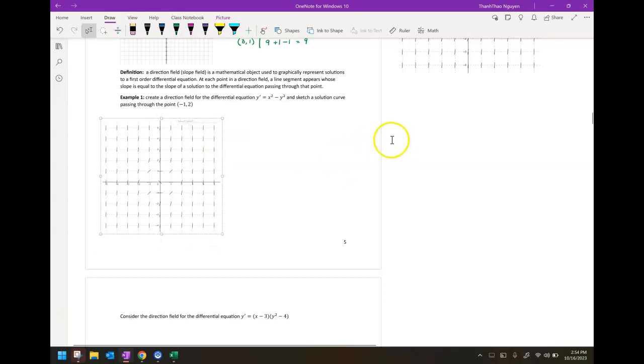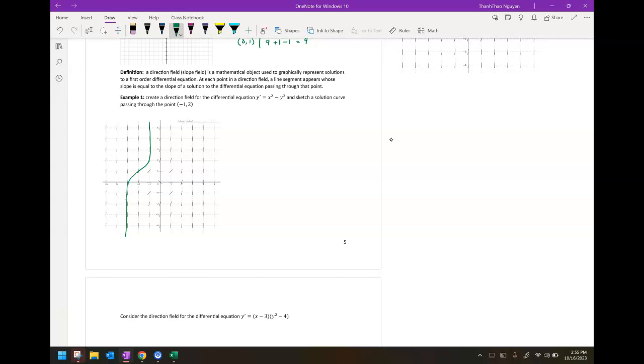So now we have the directional view of this curve, and let's take a look at what happened. What would be the ideal curve that passes through the point negative 1, 2? Negative 1, 2 is over here. It looks like the slope is increasing here. So that is your solution curve that passes through the point negative 1, 2.